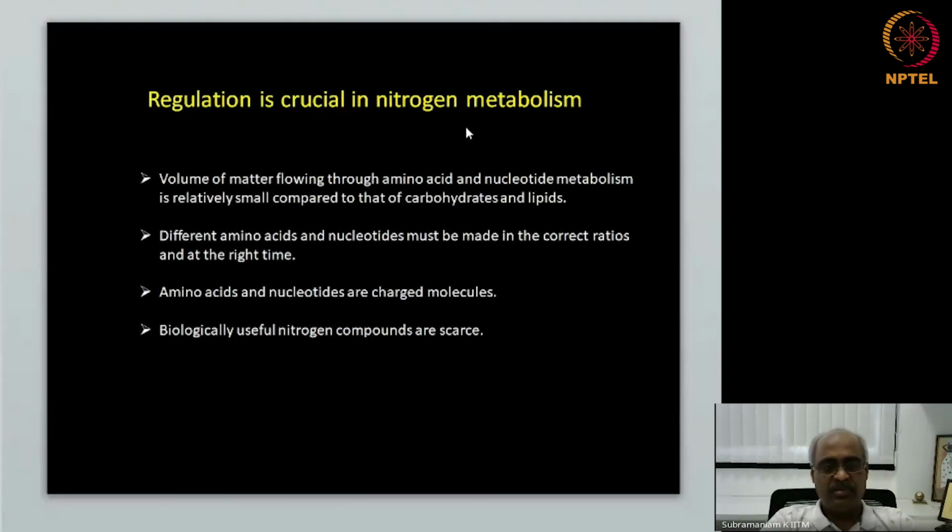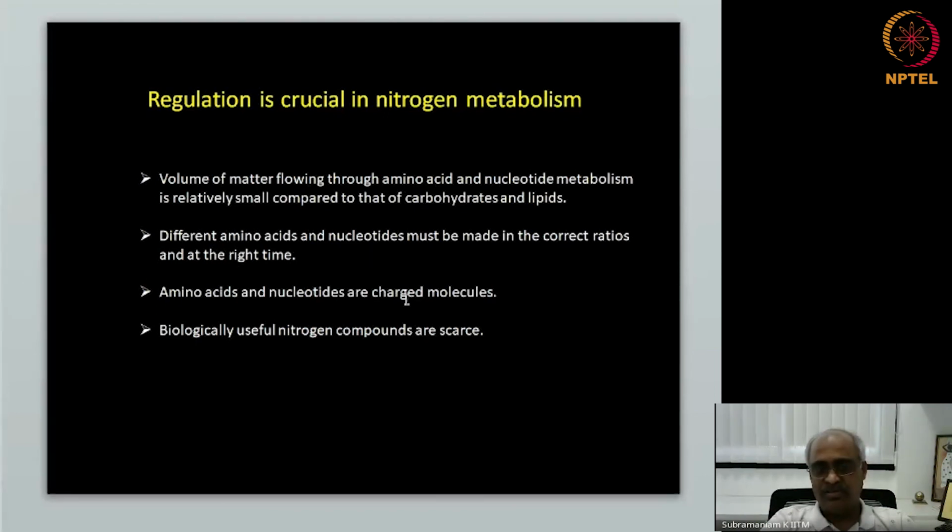Because the flow is very small, you need to regulate the appropriate things at the appropriate time. Similarly, correct ratios are important, and it is all or none, and therefore again it has to be very tightly regulated to make the right things available at the right time.